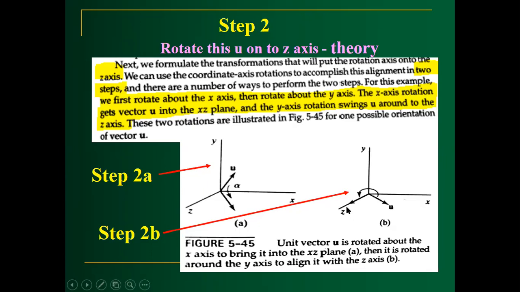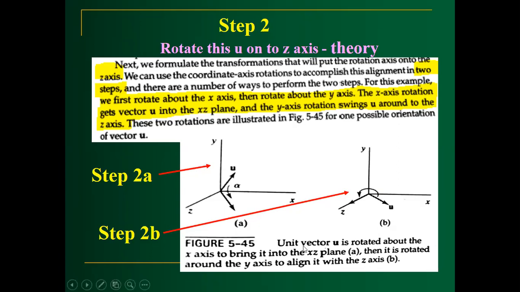You can ask me one question: why can't you do it in one shot? Well, in 3D, if you want to coincide with one axis, the other two axes definitely come into the picture. So you need to rotate keeping the other two axes in mind as well.